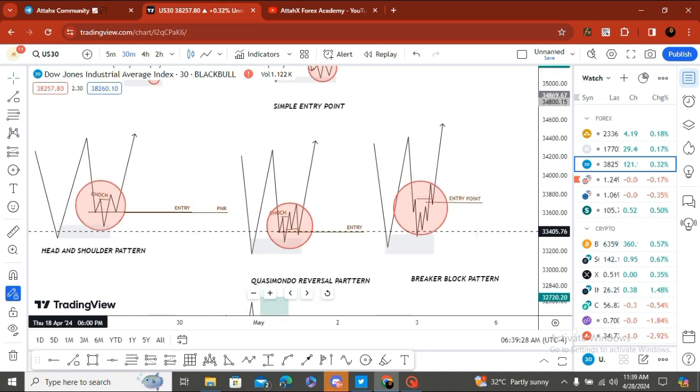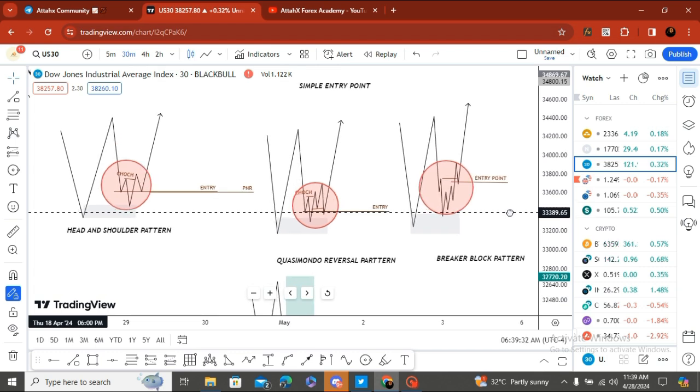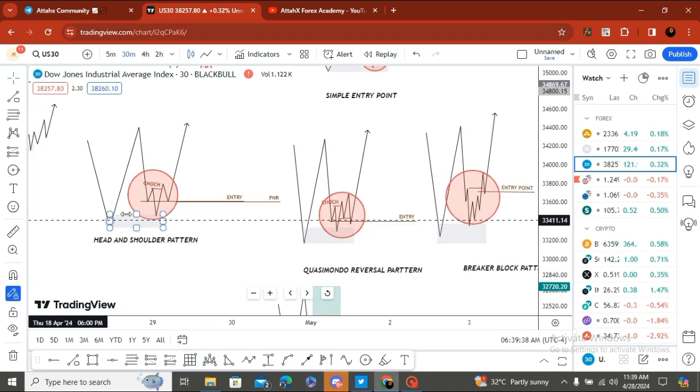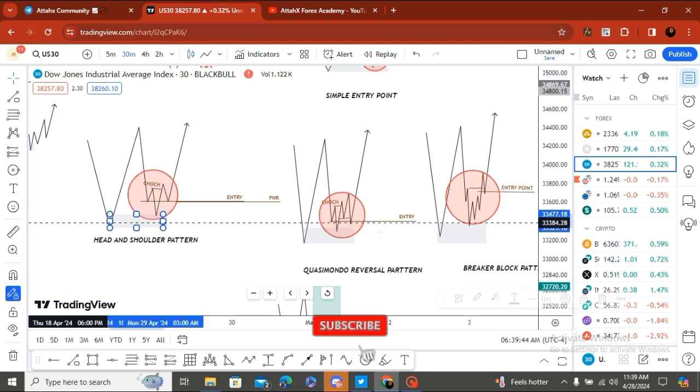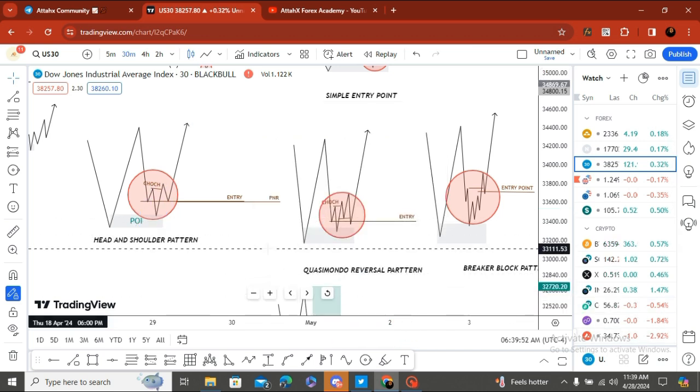So how do I enter trades using this simple entry point pattern, right? So you have price mitigated your order block or your POI respectively. Let's use the POI, which is the point of interest, which you all know about, right? It can also be called your demand zone.